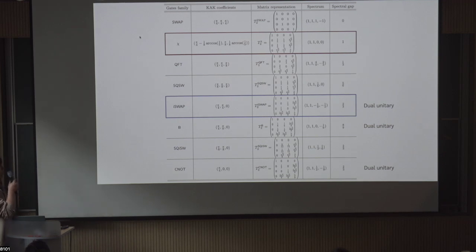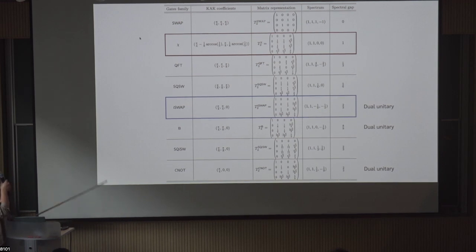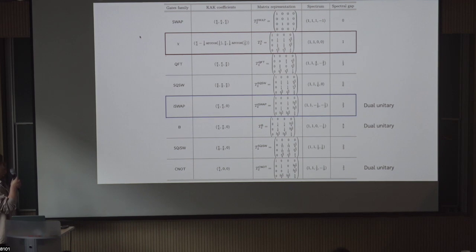Okay, so this is a list of several of the most important two-qubit gates. Here I highlighted 2. This Chi gate is a very strange solution that hasn't come up elsewhere, we think.